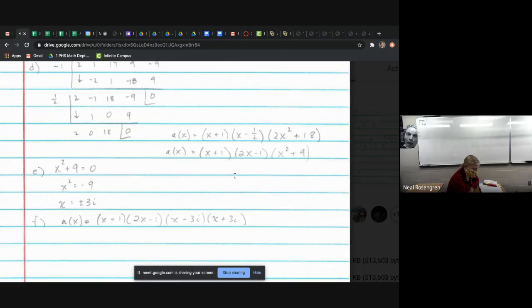I didn't need to make x squared plus 9 twice as big, but I would really like to make this twice as big to get rid of those fractions. So that's just a style choice that allows me to avoid the scenario here that would require that 2 up front. Does that make sense?